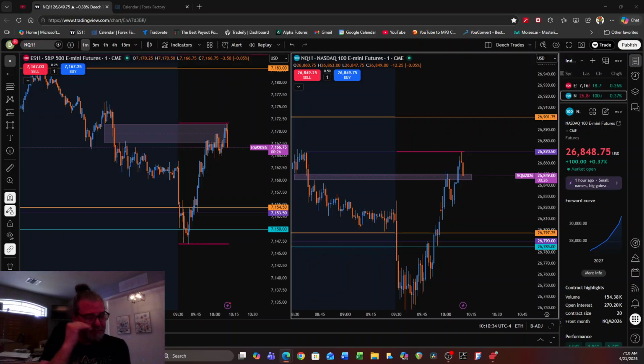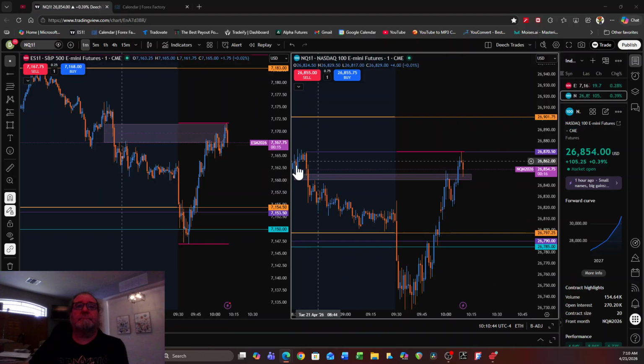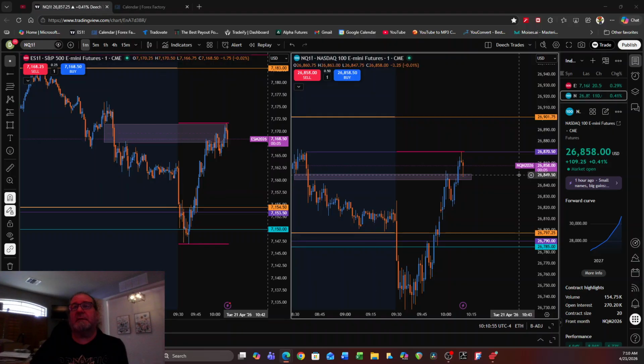Oh, good Lord. If we breach that value gap, which we barely did, but if we breach it, then maybe another trade. Let me see. We'll wait till this finishes.